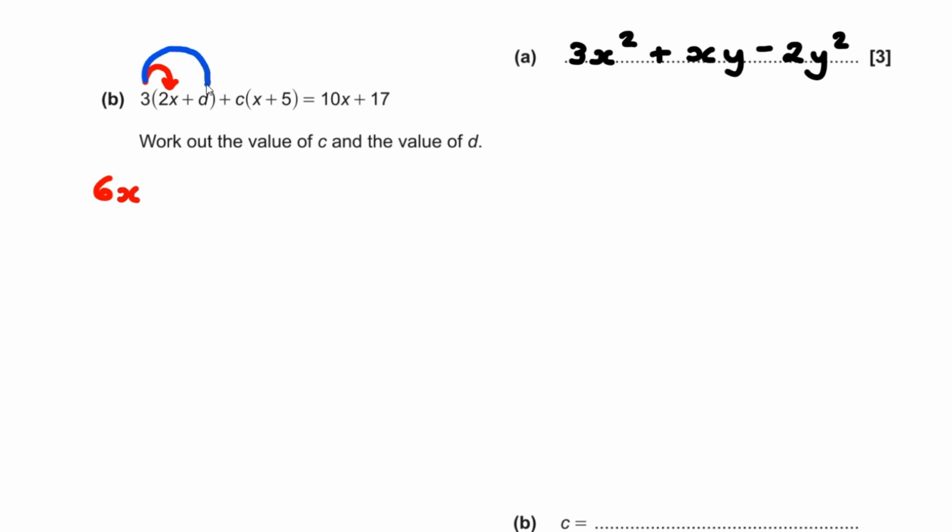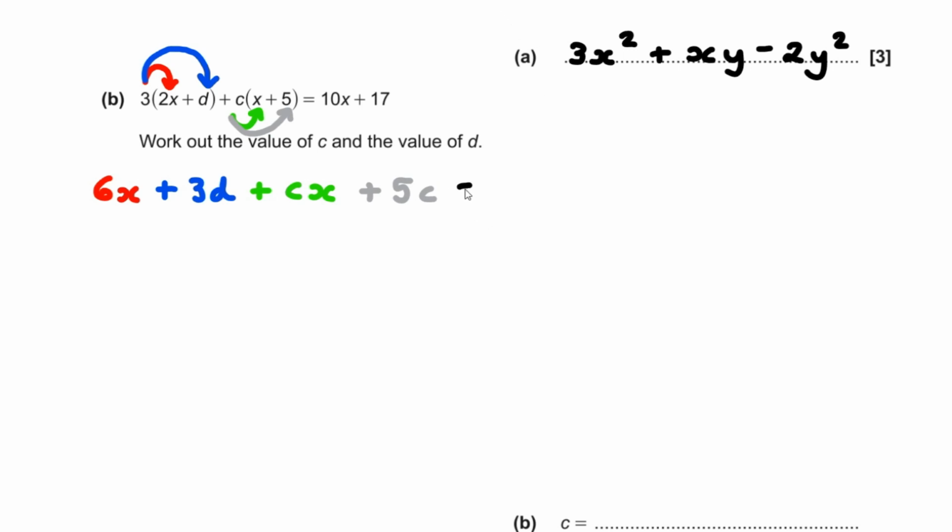Then I've got 3 times by d, which is 3d. Then I've got c times by x, which is cx. And then I've got c times by 5, which is 5c.